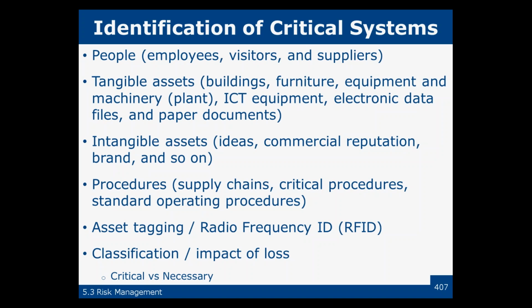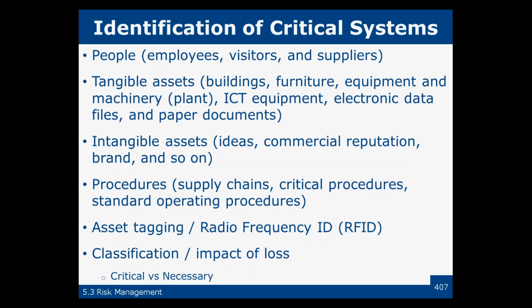Asset tagging is something that we're going to want to do in this, and RFID tags can be handy, not always inexpensive, but can be handy because they can report themselves after you have identified. We can also use barcodes, barcoding for the asset tagging.